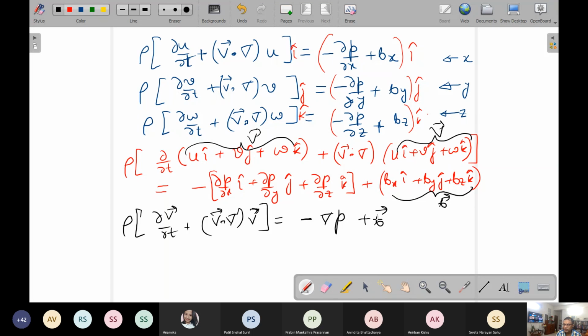Again, the beauty of the vector form is that this is agnostic to any Cartesian or any other coordinate system, so you can convert it into whatever coordinate system form that you want just by simply replacing the nabla operator of that coordinate system, and the velocity also expressed in terms of the components of that particular coordinate system. So this is an equation of motion sufficiently general, only viscous effect is not there, and this is known as Euler equation of motion.